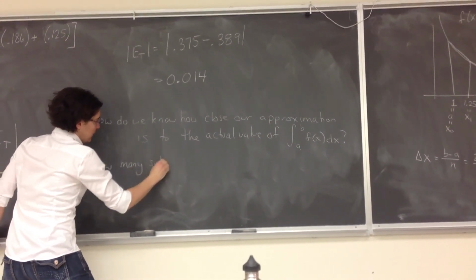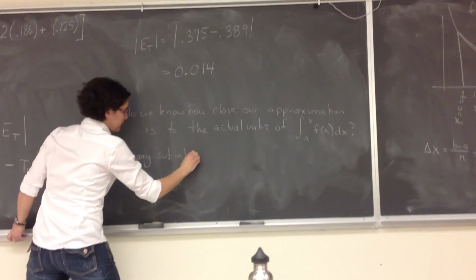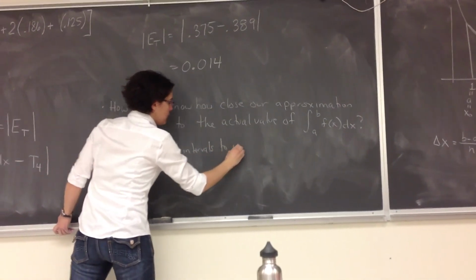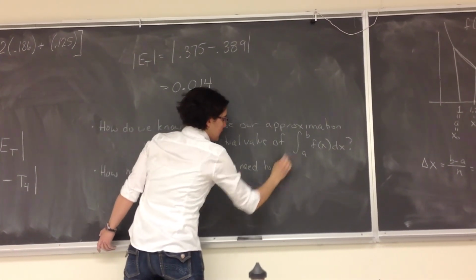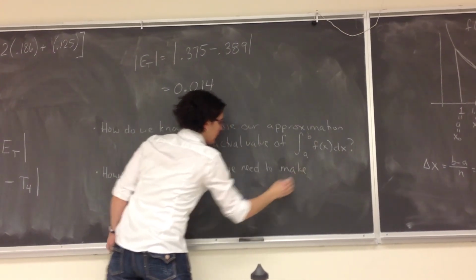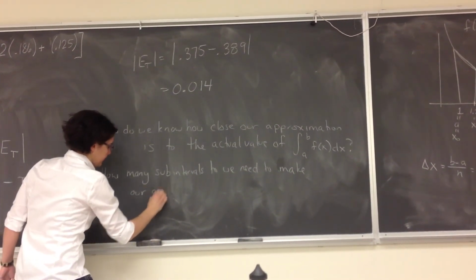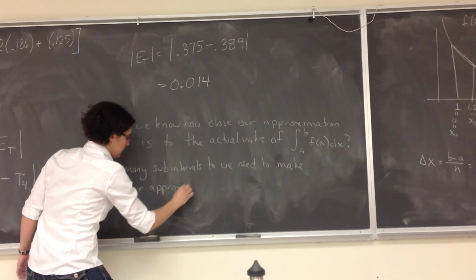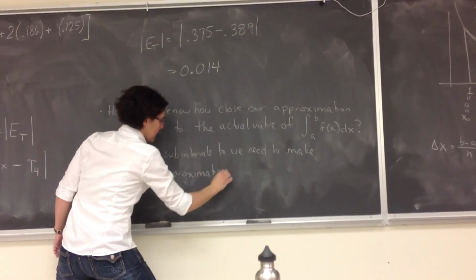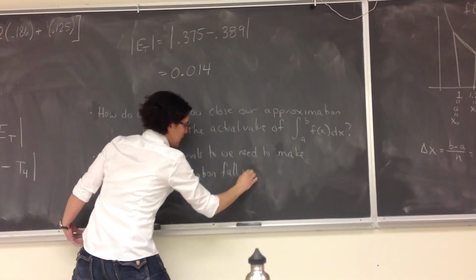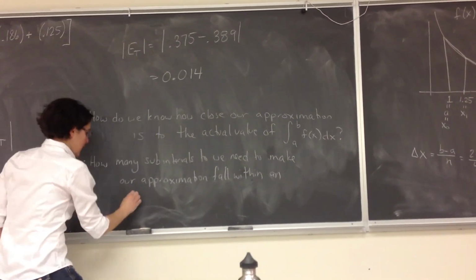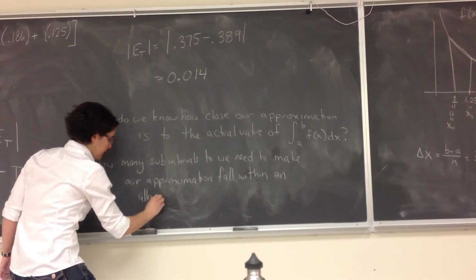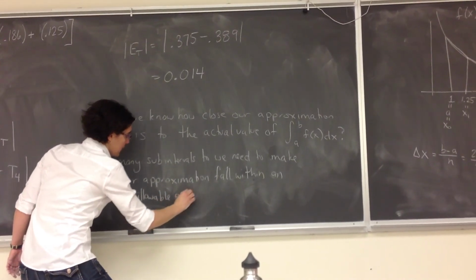So another question here is, how many subintervals do we need to make our approximation fall within an allowable error tolerance?